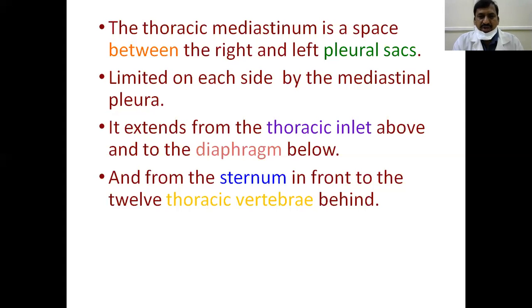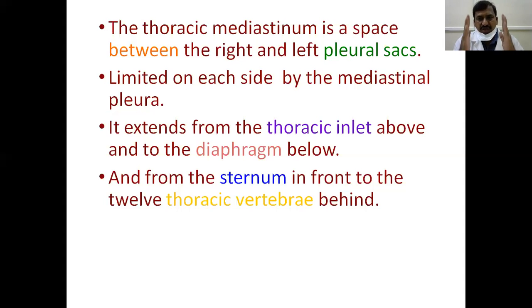What are the boundaries, the limits of the mediastinum? It is limited on each side by the pleura, especially the mediastinal pleura. Already you know, pleura is also divided into different parts, like posterior pleura, mediastinal pleura. On each side of the mediastinum, it is limited by the mediastinal pleura.